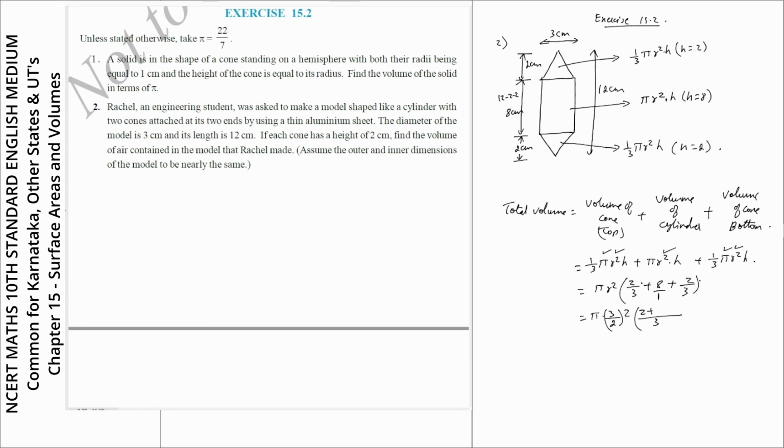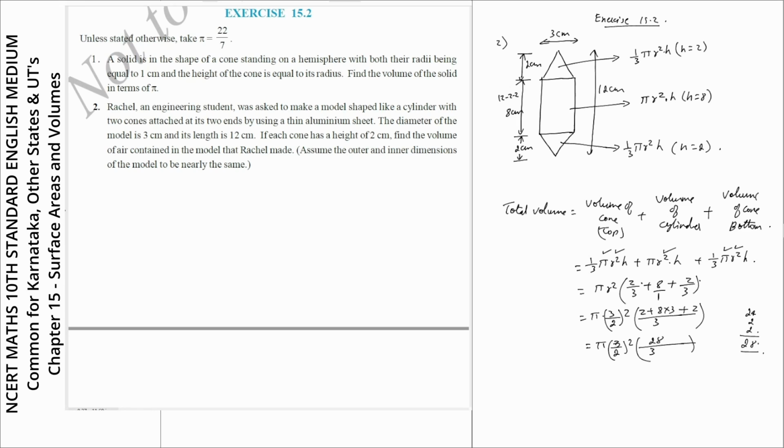So 2 plus, now here to make 1 equal to 3 I should multiply by 3, so 8 into 3 plus 2 as it is here, so this is equal to pi, 3 by 2 the whole square into 3 in the bottom. So here 2 plus 3 8s are 24, 24 plus 2 plus 2, 28 I will get.